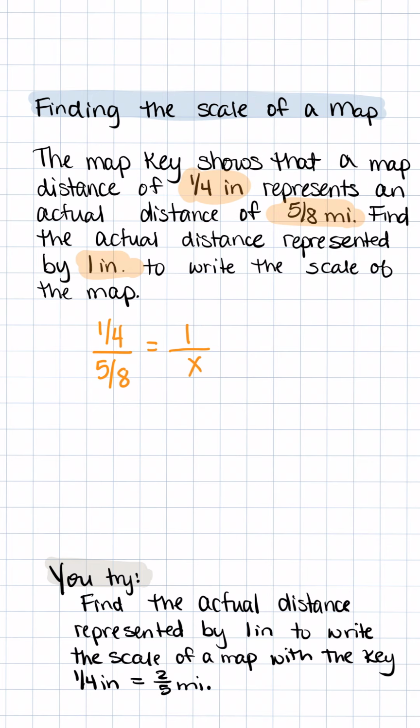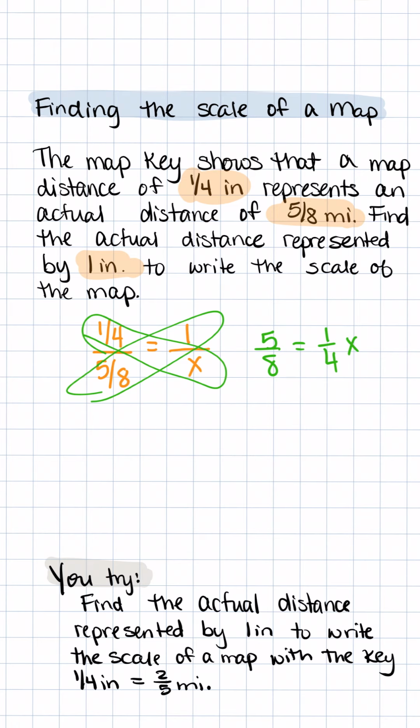Okay, well, it's really hard to divide fractions on top of each other like this to be able to solve, but we really can. So we can do our cross multiplication. So 5/8 times 1 is 5/8. And then the other side's going to equal 1/4 x.